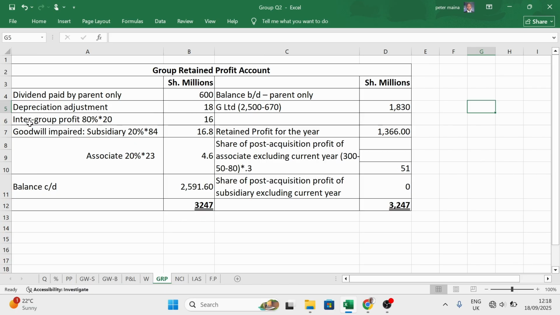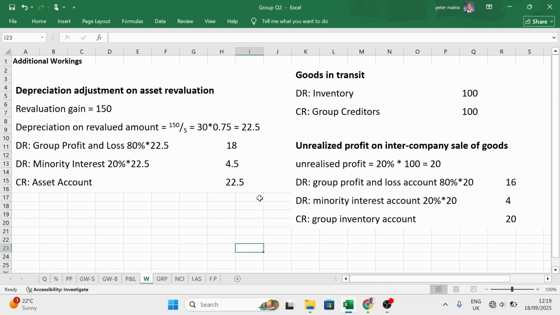And then there is the intergroup profit. This is the unrealized profit. So back to the workings, how did we get 16? So 16, after we found that unrealized profit was 20, we took the share of the parent, which was 80% of 20, that gave us 16.